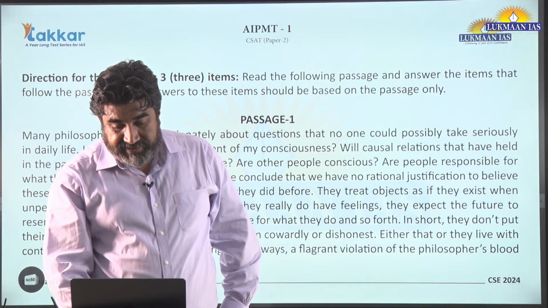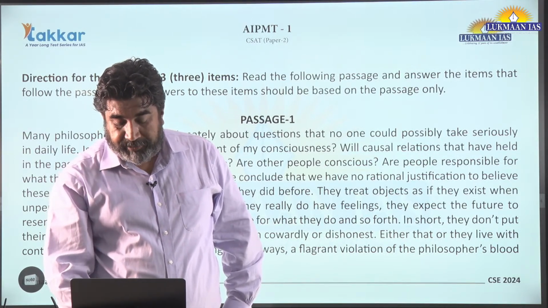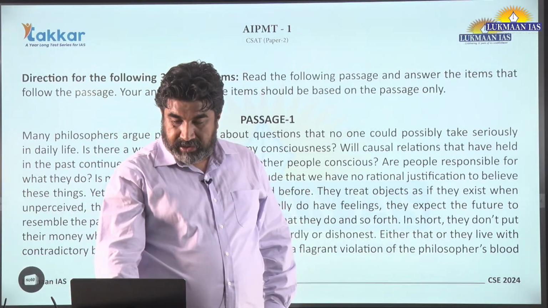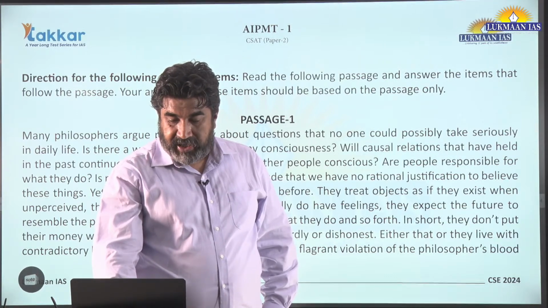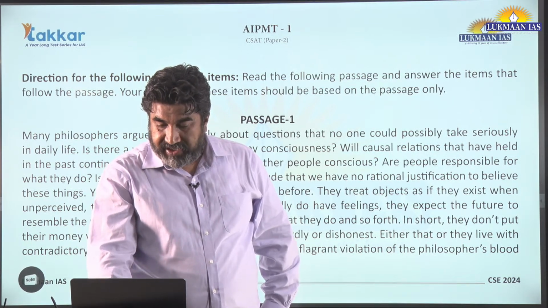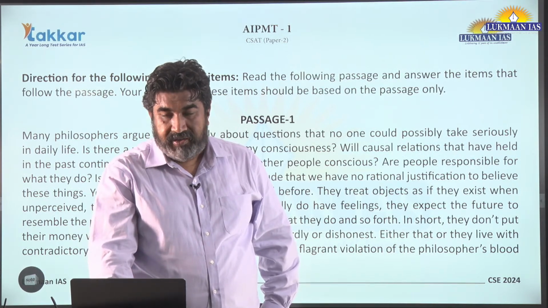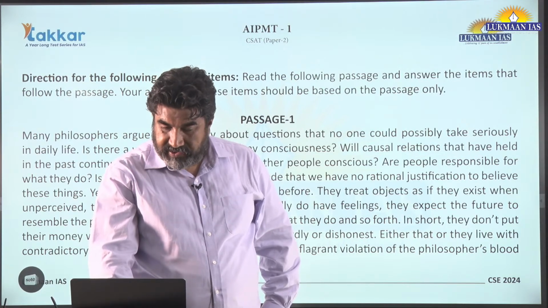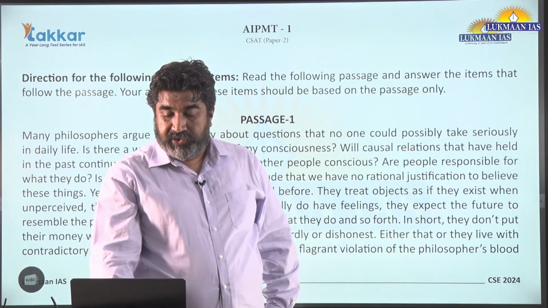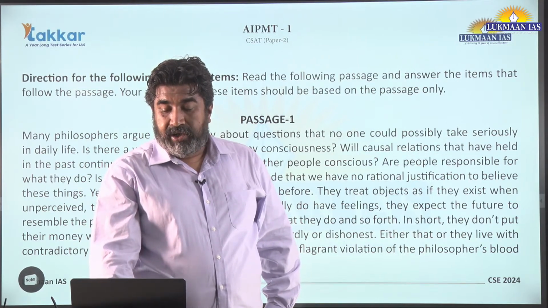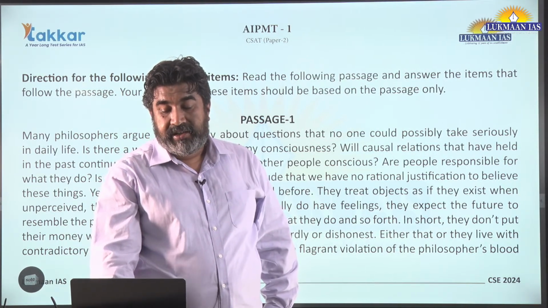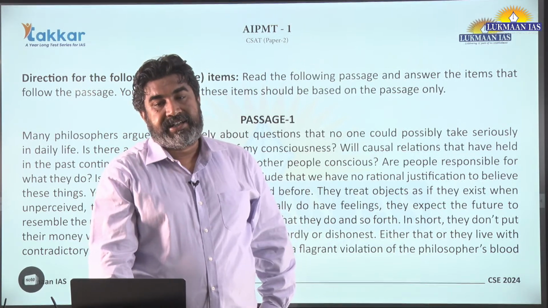This is right, because this aligns with the passage, which highlights that even as they argue for spectacular beliefs, they act contrary to those beliefs in daily life. Third, this is wrong. Philosophers have no rational justification for their philosophical beliefs. Fourth, philosophers advocate for living a contrary life. So the explanation is that some philosophers passionately argue for certain beliefs but then act contrary to those beliefs in their daily activities, showcasing an inconsistency between their professed beliefs and actions.